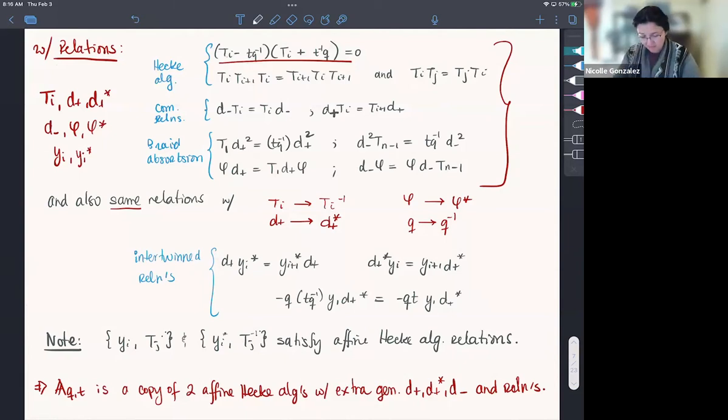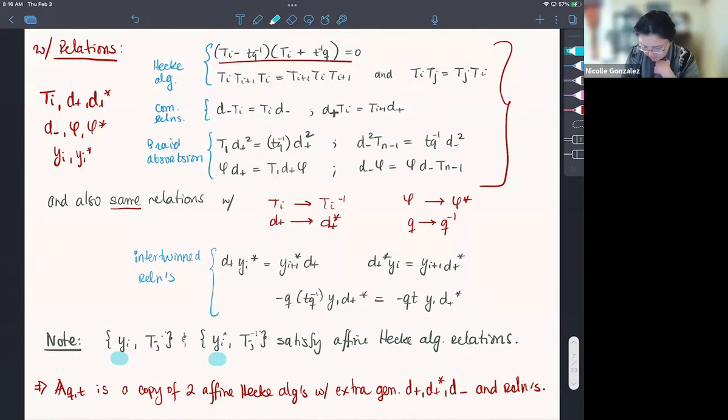All right, and then in addition, we have these intertwining relations that allow us to mix these two copies, the starred and the unstarred operators, and they tell us how they interact with each other. One of the things that I mentioned was that we also have these additional operators, Y_i and Y_i star, these polynomial generators. I called them polynomial generators because the Y_i's commute with themselves.